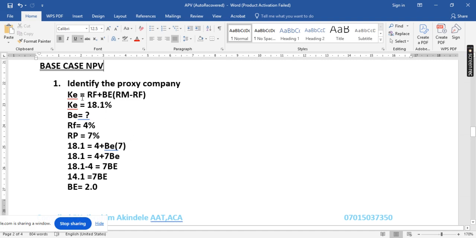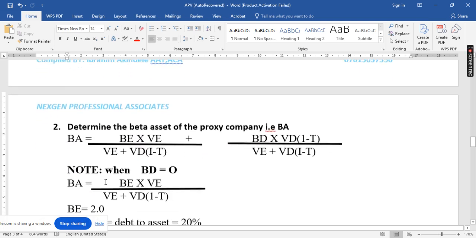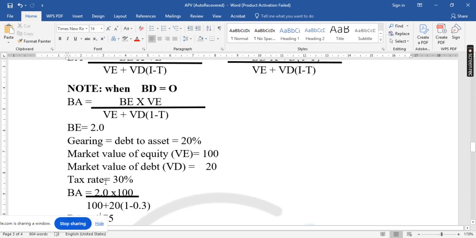Because if the cost of equity is given to you, the risk-free is given to you, the premium is given to you, you can get equity beta. With that equity beta, you can determine your asset beta, which is this.